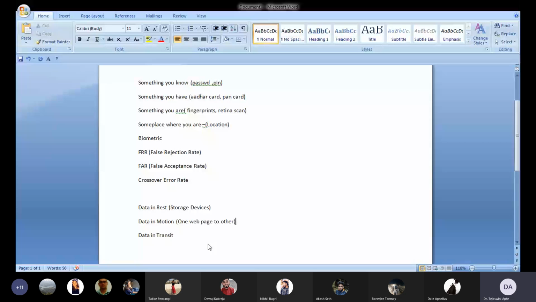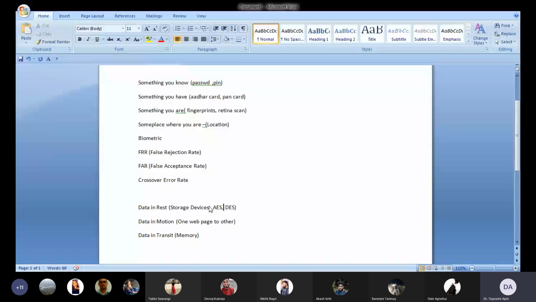And data in transit means somewhere you are working, for example, the data which is in the memory. Now, what is going to happen generally with data at rest? Data at rest is going to be encrypted by, let's say, AES 256, or Advanced Encryption Standard, or there are many algorithms in this.